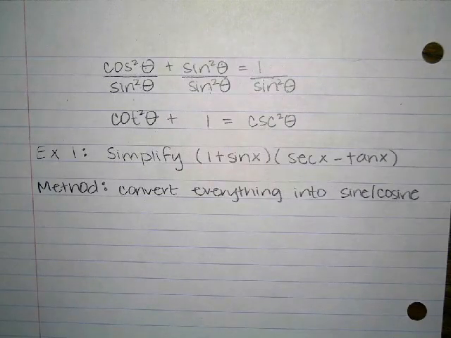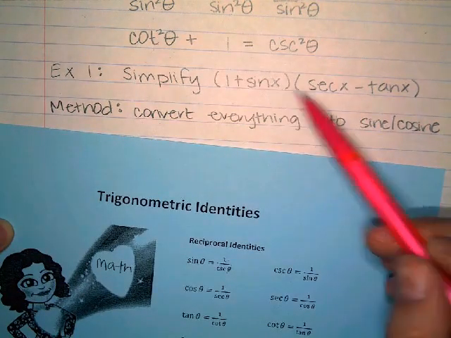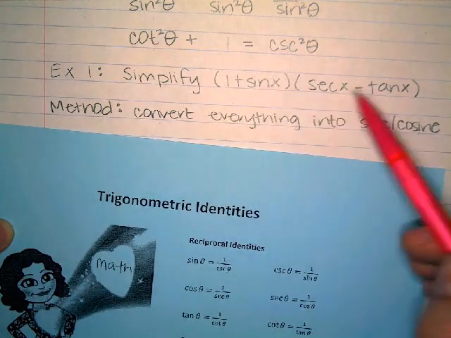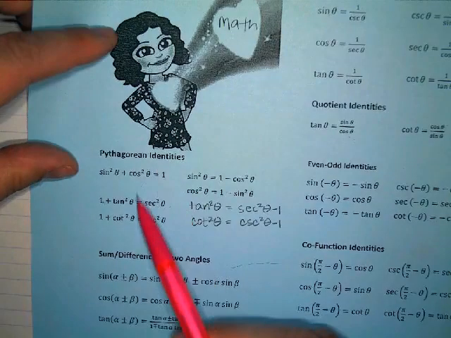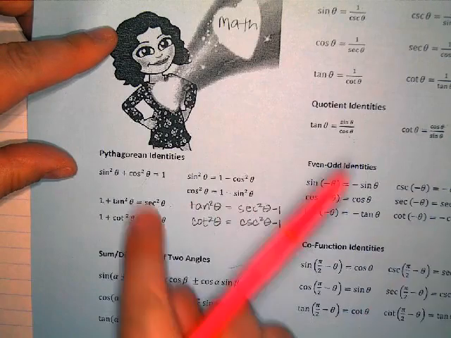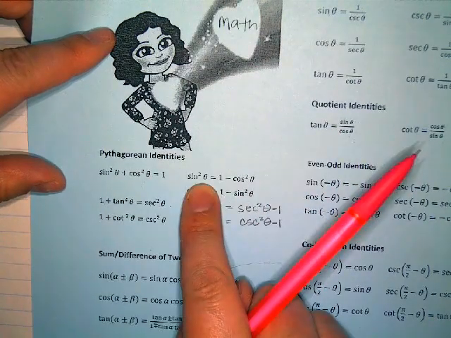Okay, now the reason that method is good is because the original problem is written as just regular identities. The original problem is not written as squareds. If I saw squareds in the original problem, then I'd be looking over here for my substitutions. But the original problem doesn't have any squareds. It only has these types of identities.